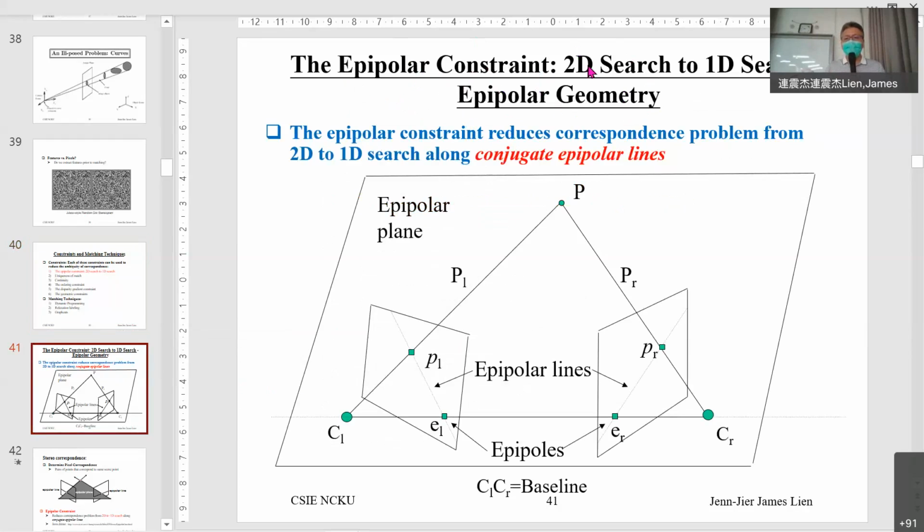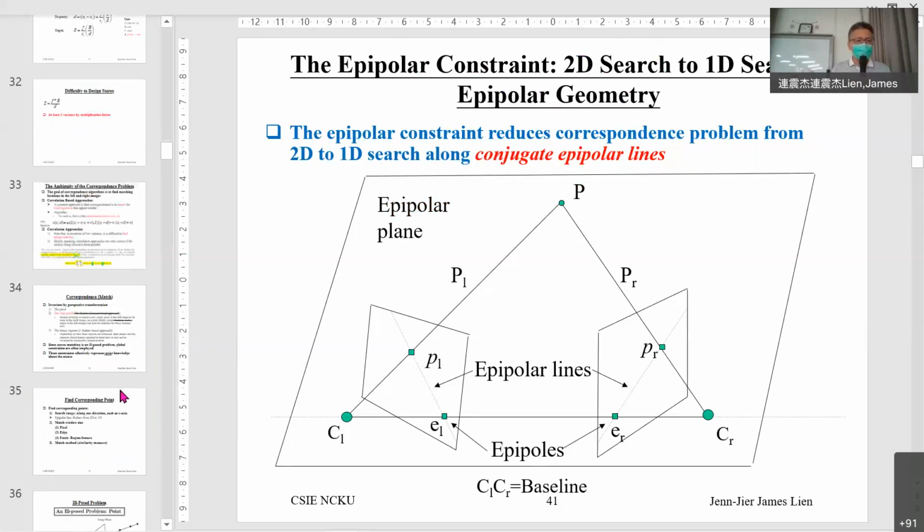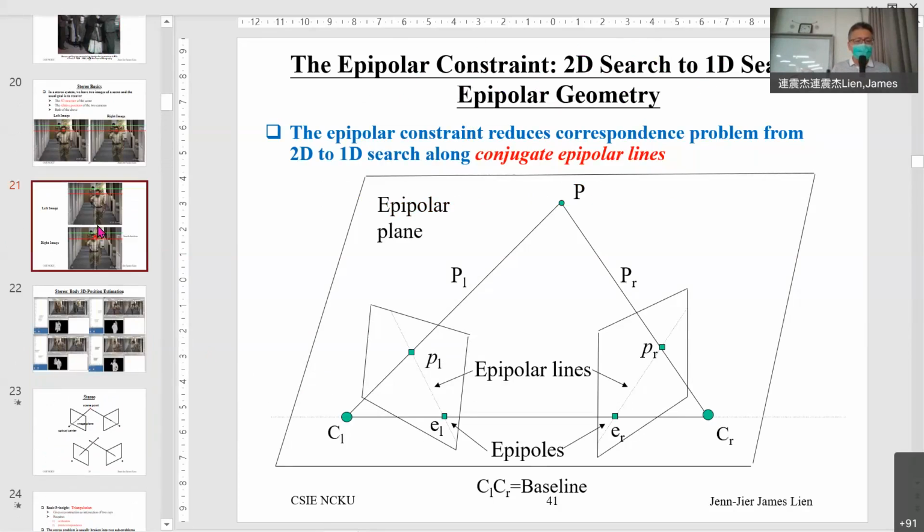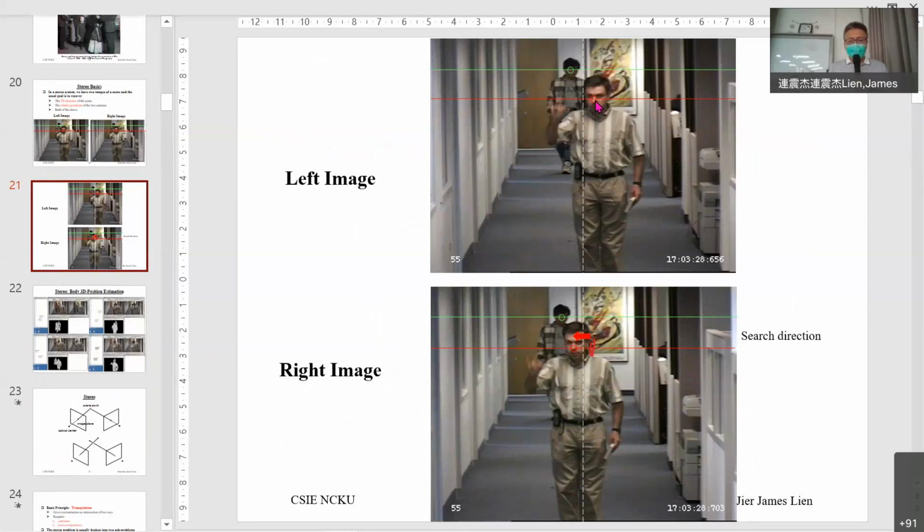It means we want to reduce the 2D search. It means for this point we come here, and you try to find from this point the corresponding point here.